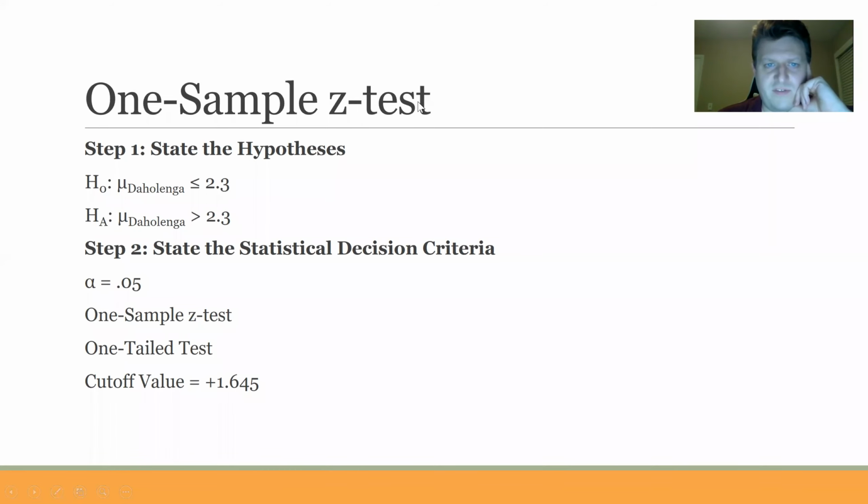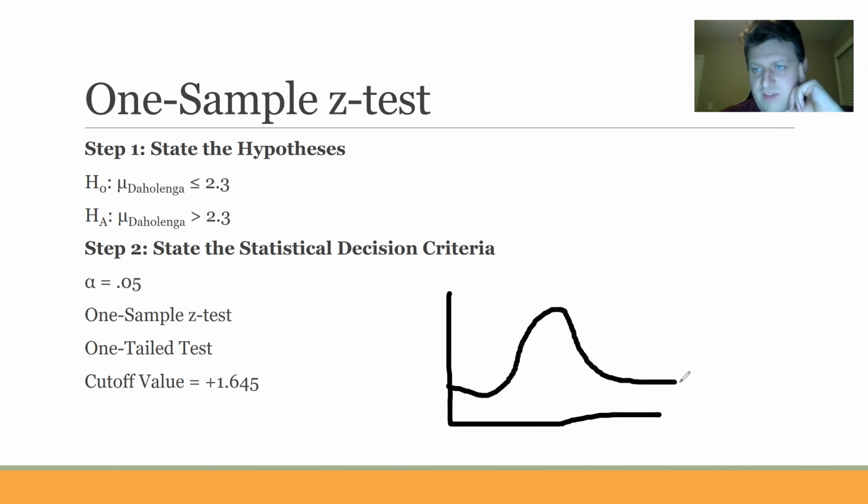And again, let's draw our friendly standard normal distribution. We're converting everything to the standard normal distribution, remember. Now, if we're predicting that something's going to be greater than something else, we have to look at the right side of the distribution. So this is our cutoff value, and this is our rejection region. If we find a Z anywhere over here, we are going to reject the null hypothesis and say that it's probably the case that the null hypothesis is not true.